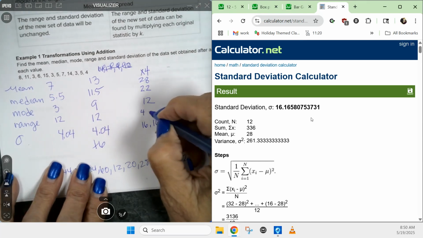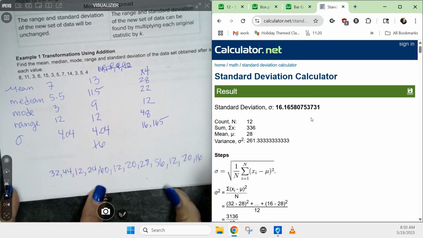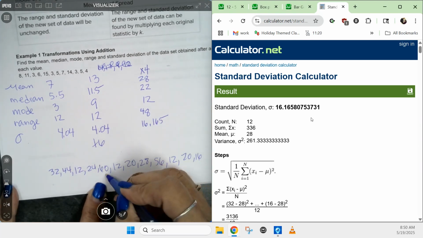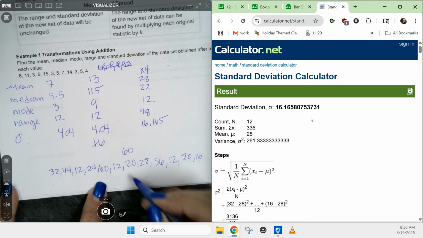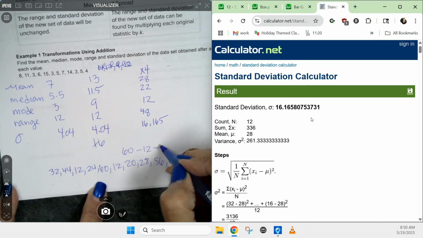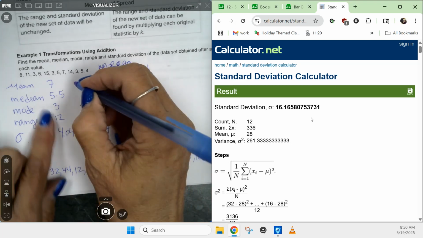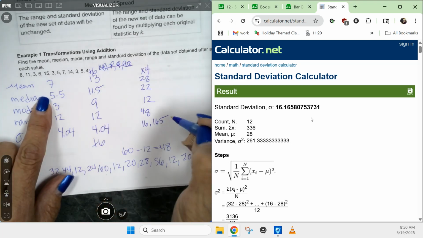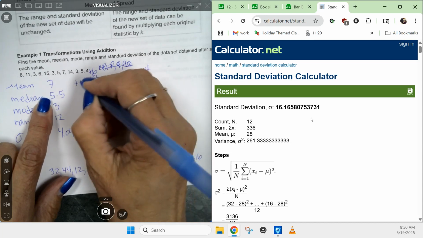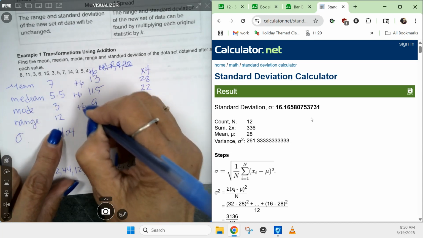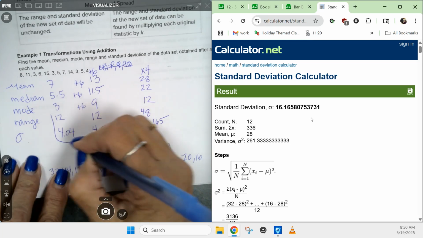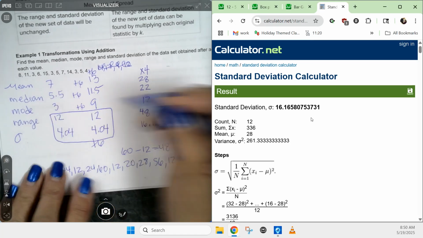And the range is 48 because the highest number is 60. The lowest number is 12, so that gets us 48. So if we look at this, when we added 6, all of these changed and went up by 6, except for these two. When we added, nothing happened to those.